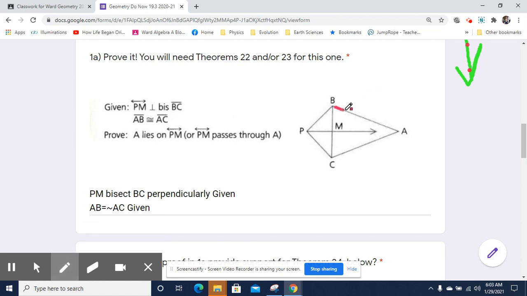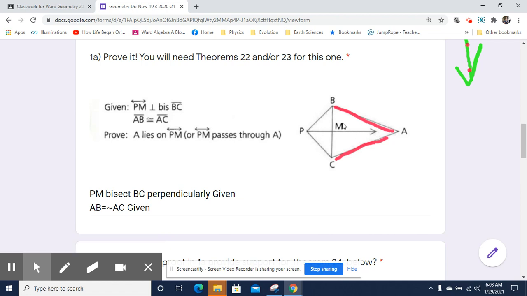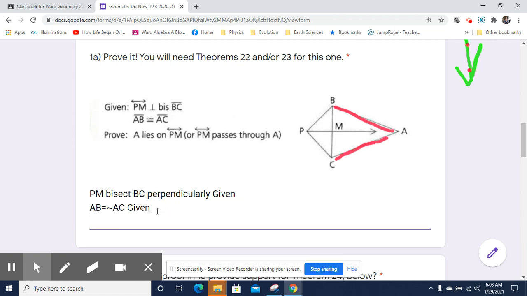Let's label what that means real quickly. So AB and AC are congruent. Now we can add some information. We can say, well, this bisects BC, then we can say that BM is congruent to CM by definition of a bisector.